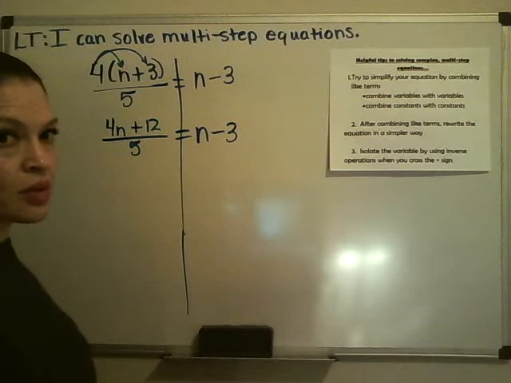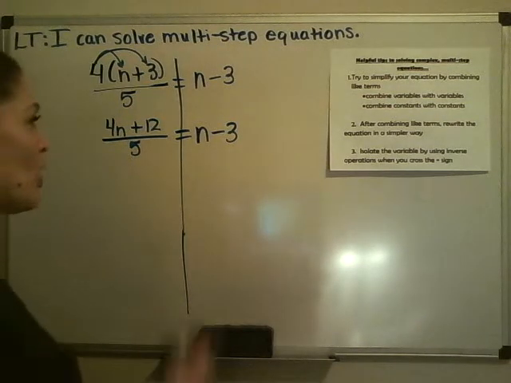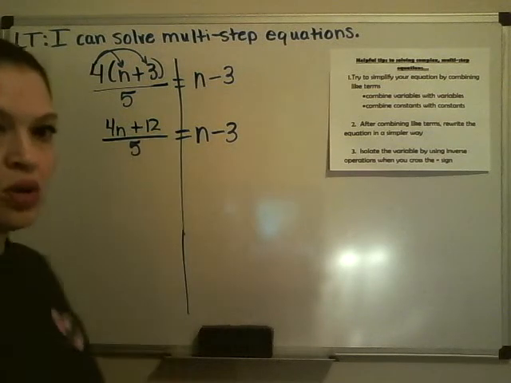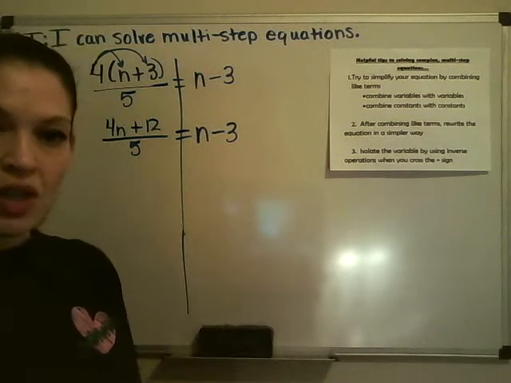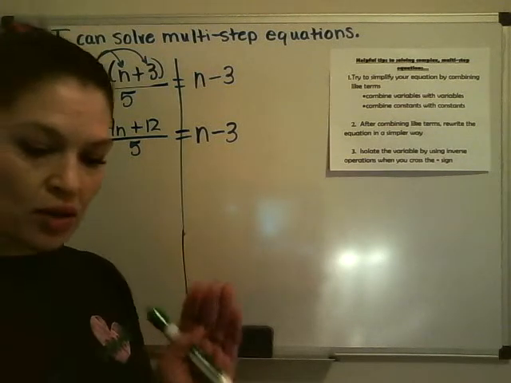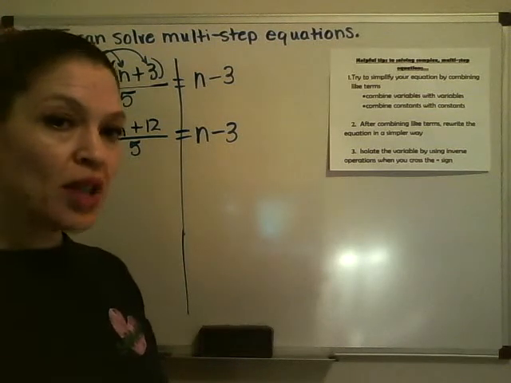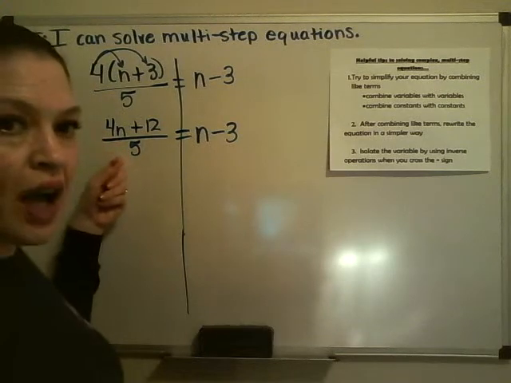Okay. Wait a second. Now what are we going to do? I have this n and this 3 and this, whoa. Just take it one step at a time, all right? Your gut is probably telling you, go ahead and get rid of that 5.